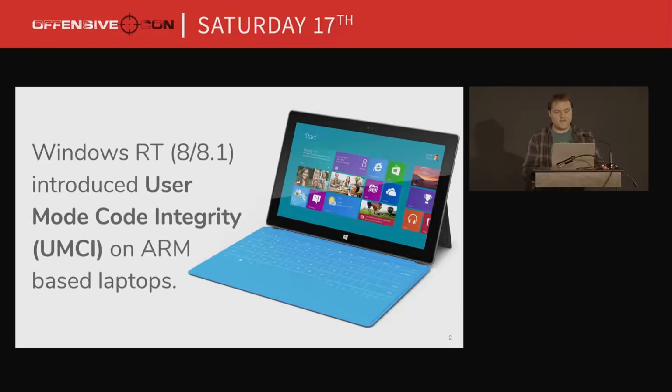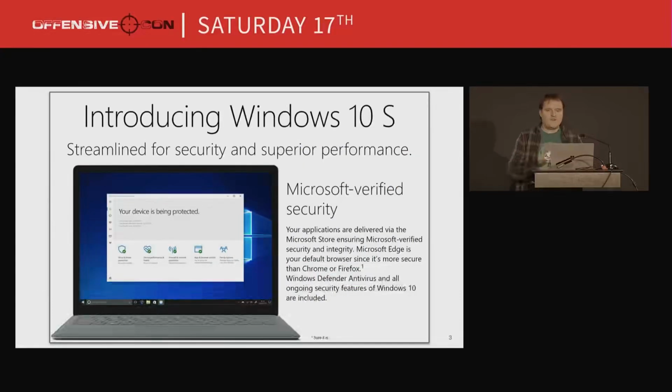Now, actually configuring user mode code integrity on Windows 8 was quite difficult. You needed to install secure boot policies. And while you could turn it on for x86, it was not really documented or supported. Now, the big change is that very recently, Microsoft introduced Windows 10s, which was originally a SKU. Now, apparently, it's just a mode.